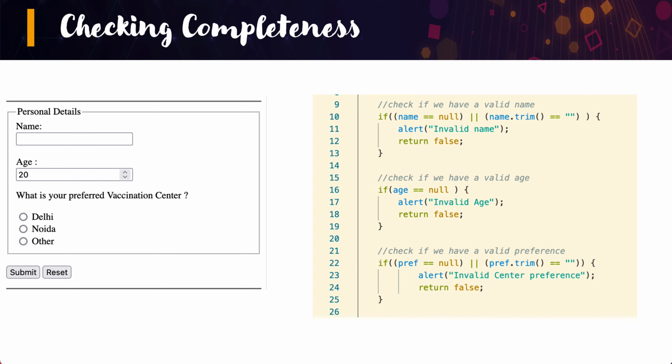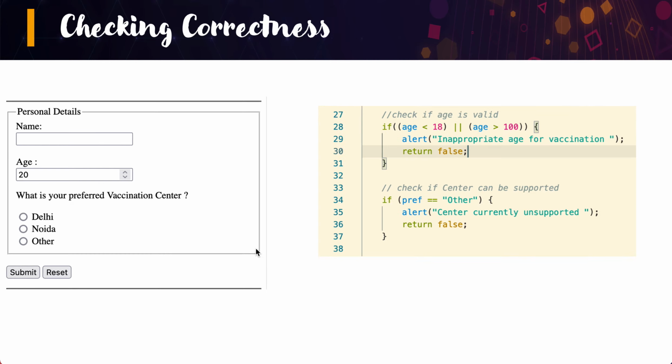Let's see how we do for correctness. Correctness, we check only two fields. One is the age field and the preferences. Correctness is essentially for checking the validity of the data. In our case, the age has to be above 18 and below 100.